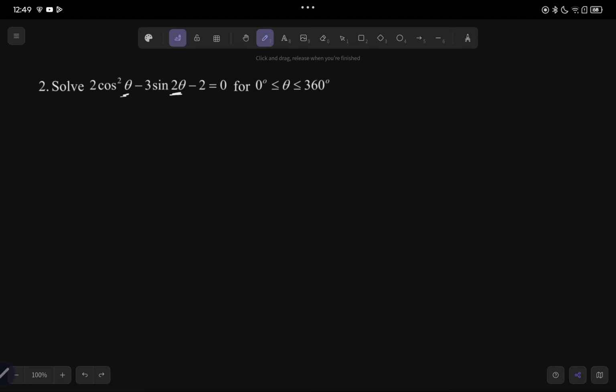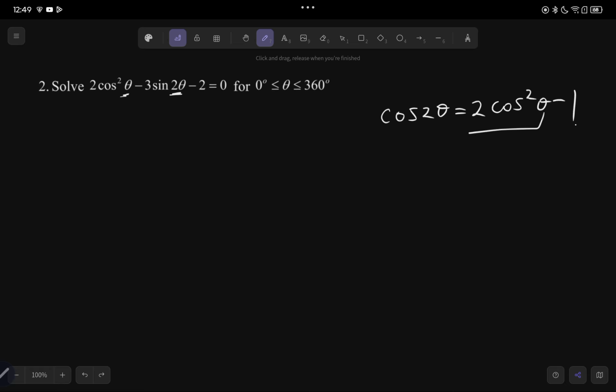Now in the first approach, we're supposed to change this cos squared theta to cos 2 theta. This one will be 2 cos squared, because we know that cos 2 theta is 2 cos squared theta minus 1.